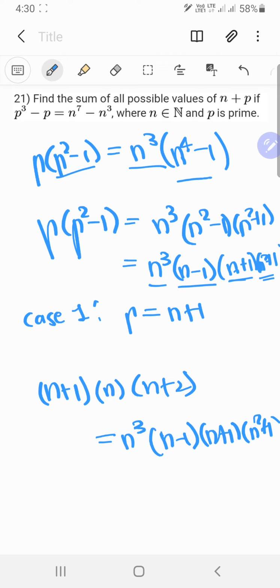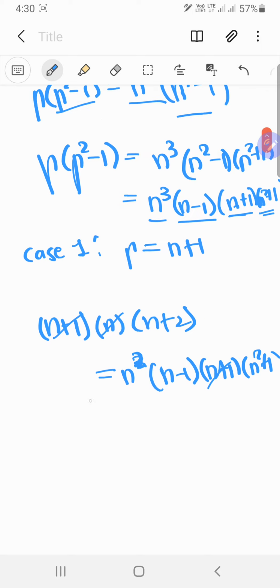Cool. You see that this cancels because n is a natural number. Similarly, this cancels because n is a natural number. So that leaves me with n plus 2 is equal to n squared into n minus 1 into n squared plus 1.